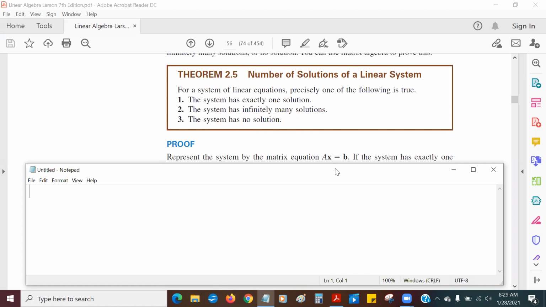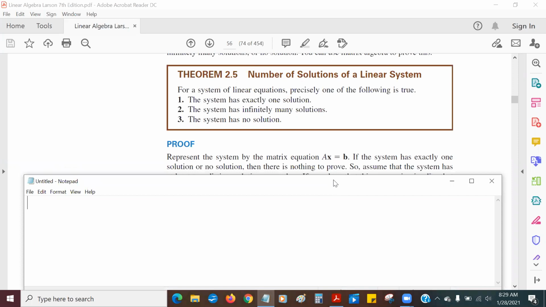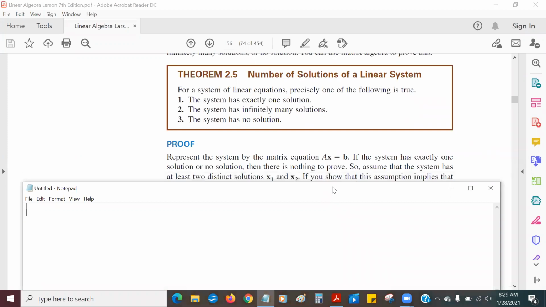Because AX equals B is only true if the solution of that system is true. Anyway, now here's a very clever way of looking at this. If the system has exactly one solution, or if it has no solutions, then there's nothing to prove. So what we want to do, and this is a little subtle, is assume that the system has two solutions. We're going to call one of them x1, the other one x2.